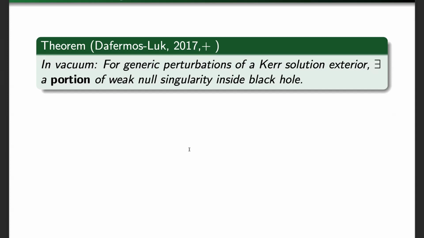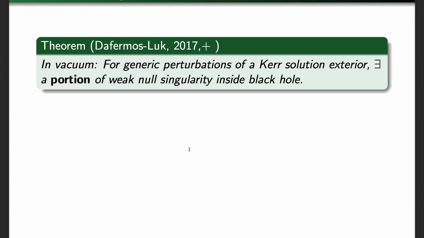So the Kerr solution itself had a Cauchy horizon. So what they're saying, let's take double-ended Kerr for now. If you perturb your initial data here, then the Cauchy horizon will persist as a null surface, but the metric upon approach to the Cauchy horizon is no longer a smooth metric.